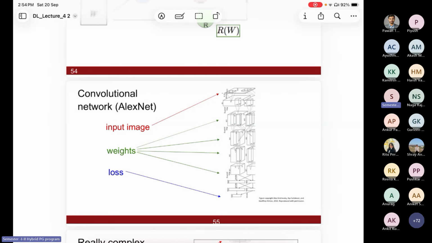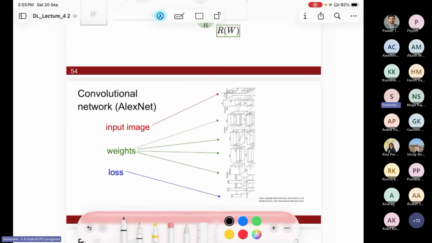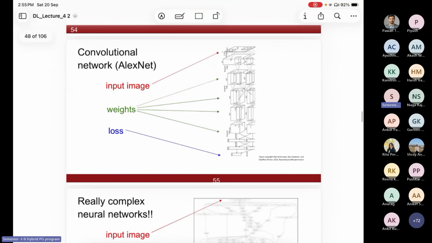But even in the fully connected network, it's very tedious. Now, if I give you a convolutional network, which is even more complex and has a lot of layers, then things will be more complex. So the direct formula of finding del L by del W will not work, and that's why I said this will be very tedious. Backpropagation will be the solution, and we'll see it.